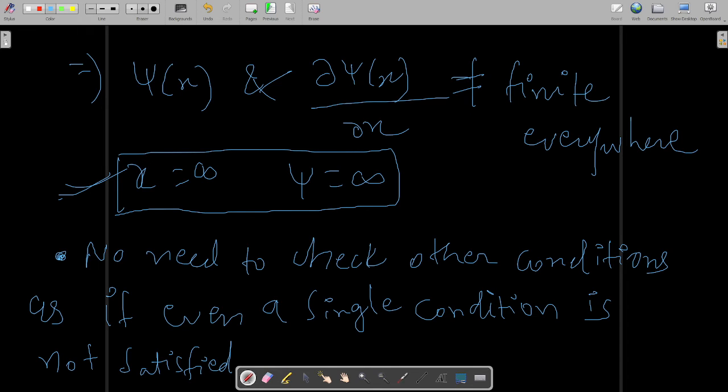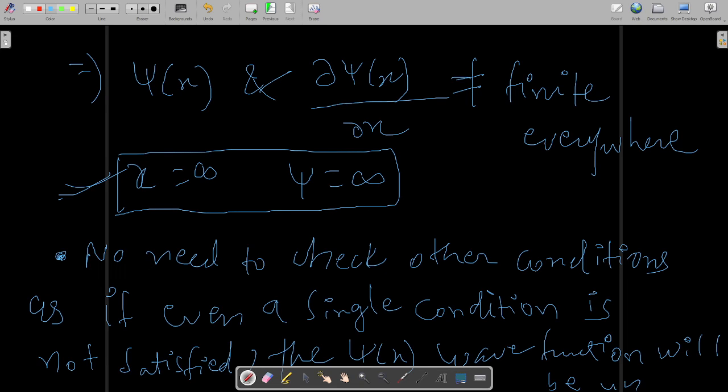The psi of x wave function will be unrealistic even if a single condition is not satisfied. Okay, so no need to check other conditions.